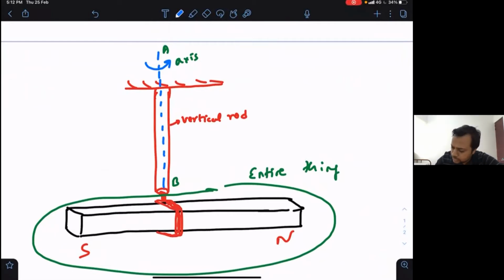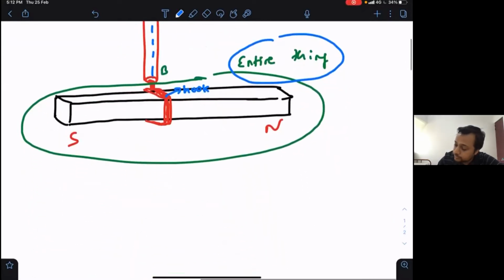Now, this magnet, and whatever hook is there to suspend the magnet, the entire system is freely rotatable with respect to a vertical axis. Okay, so let us assume we have got this horizontal component of Earth's magnetic field towards right.